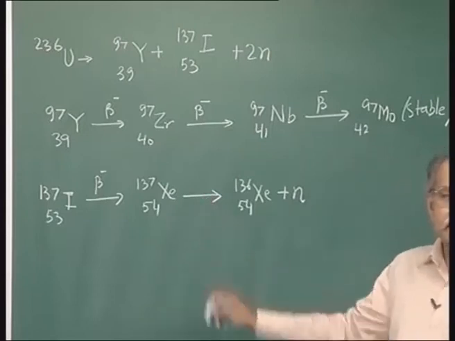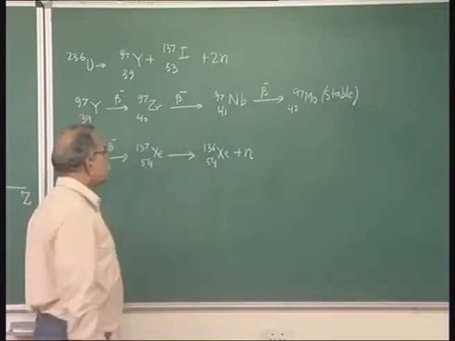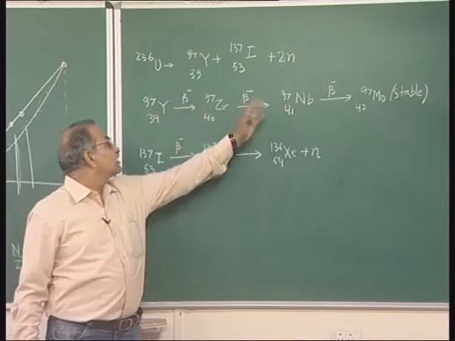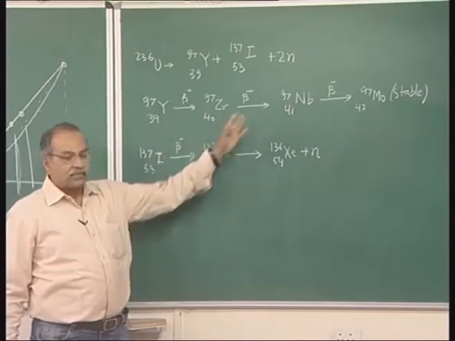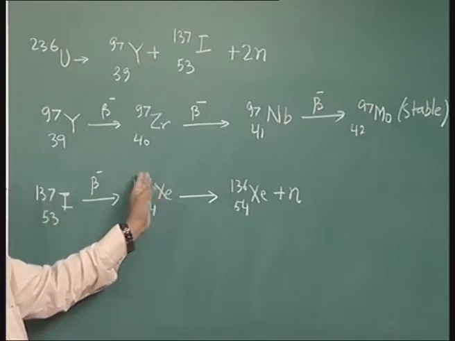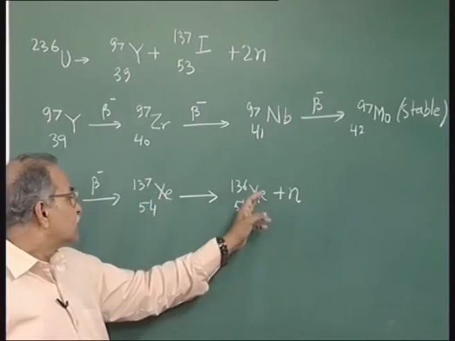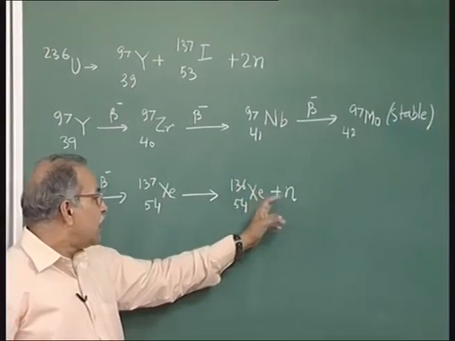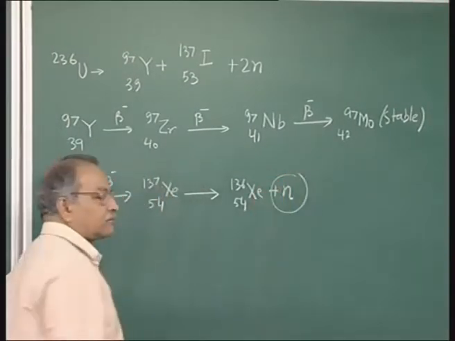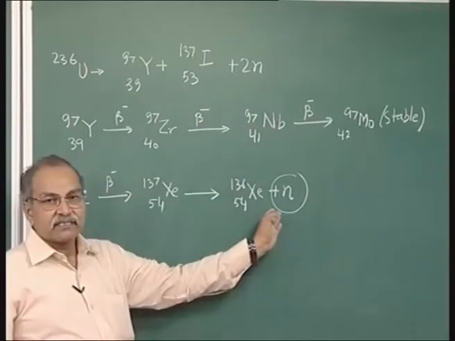This last part is not a beta decay. And of course, this is stable. So, the other is a regular chain of beta decays and goes to stable, but this iodine first decays to this xenon 137 and that xenon 137 goes to xenon 136 and a neutron. So, again you have gotten a neutron here. You had 2 neutrons here and then a third neutron is coming here.